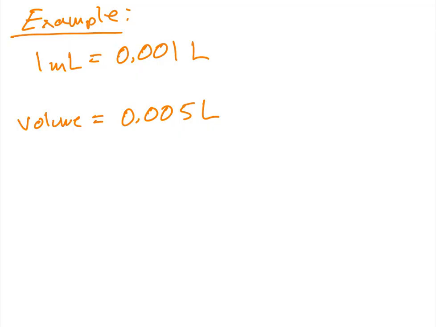We saw that 1 milliliter is a thousandth of a liter, so 0.001 liters. And let's suppose we take a measurement, we get a measured quantity here, and we find the volume in this measurement and report it as 0.005 liters. So the question comes up, are these zeros significant?